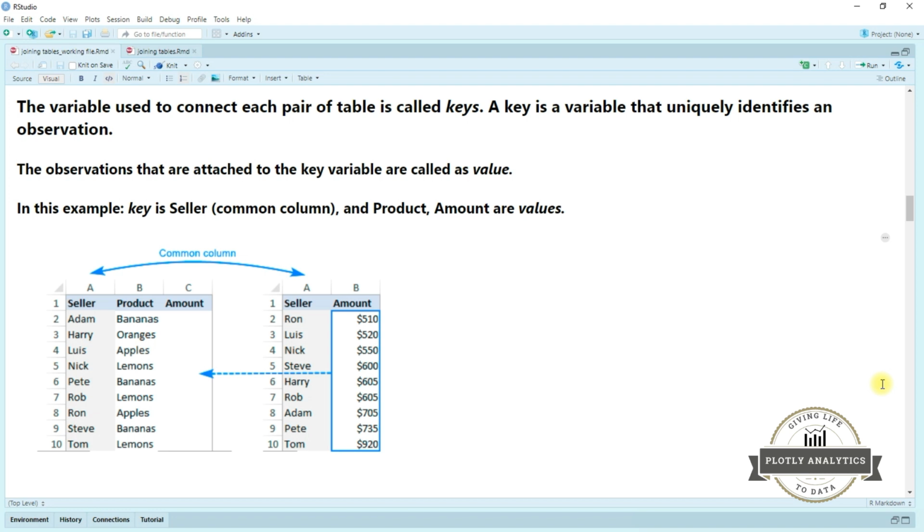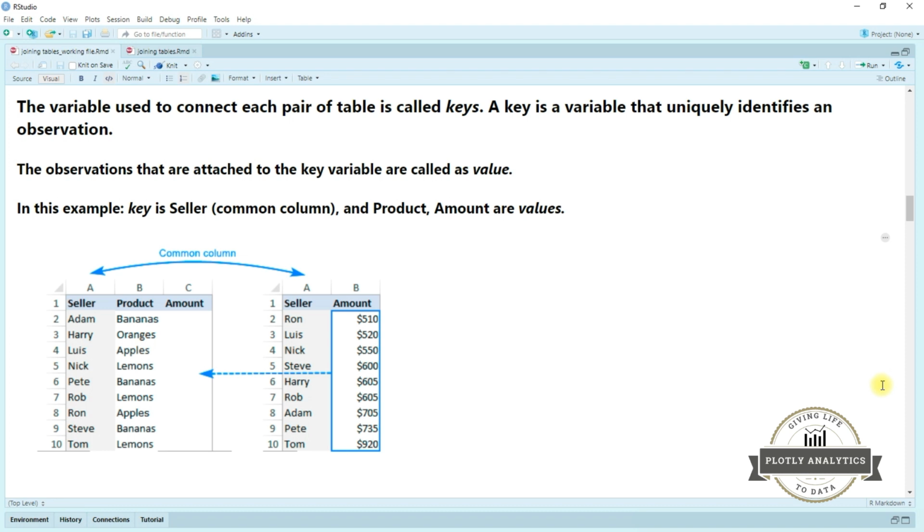Now the observations that are attached to the key variable are called values. So each key will have its own value. Here in this example, as we saw, Adam in the first table has a unique value called bananas. It also has a unique value of amount $705 in the second table.